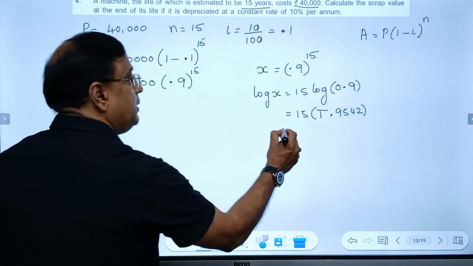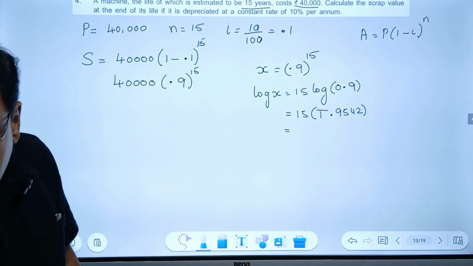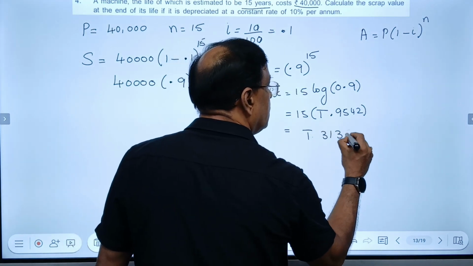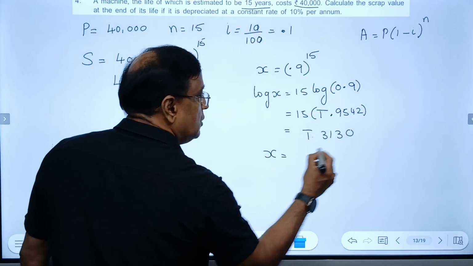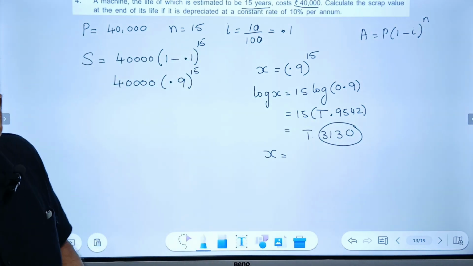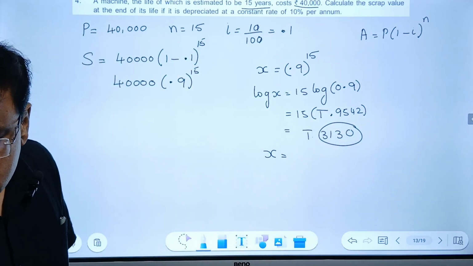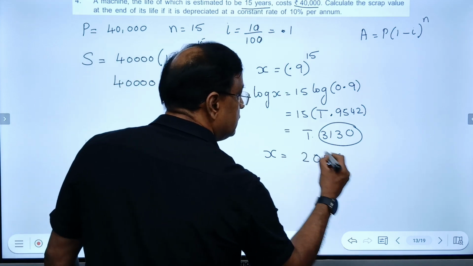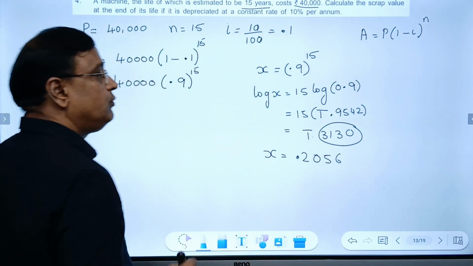Now, when I multiply this by 15, I am getting bar 1 point 3130. So what is x? Look at the anti-log of 3130. The anti-log of 3130 is 2056. Since it is bar, it is 0.2056.